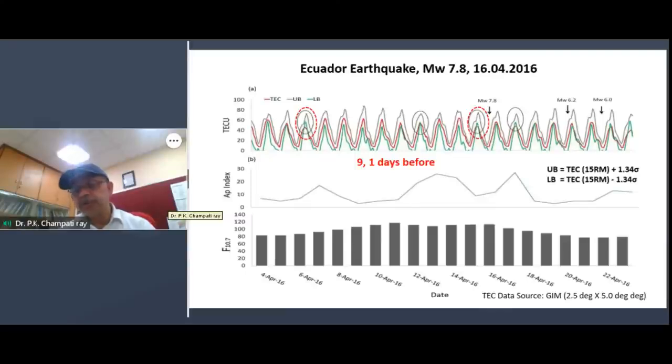Every day we move with the data, and the standard deviation and other things keep changing. But certainly on certain days we will find this electron content is overshooting or undershooting the lower bound or the upper bound. This is called the anomaly. Whenever the total electron content overshoots or undershoots, this is the anomaly.